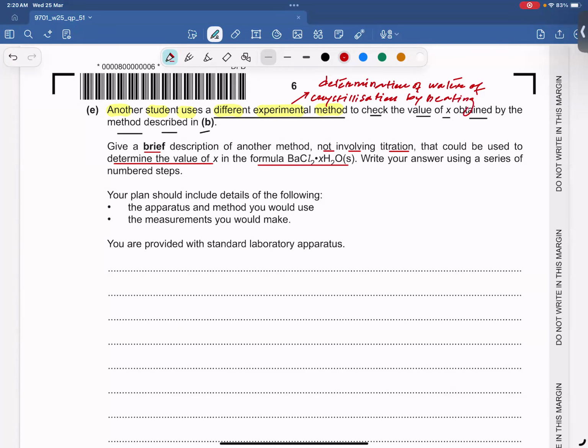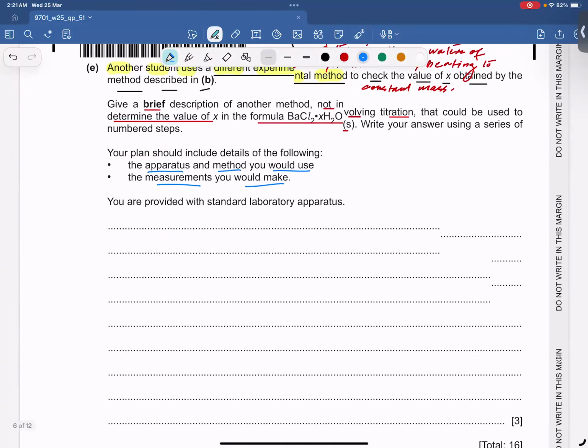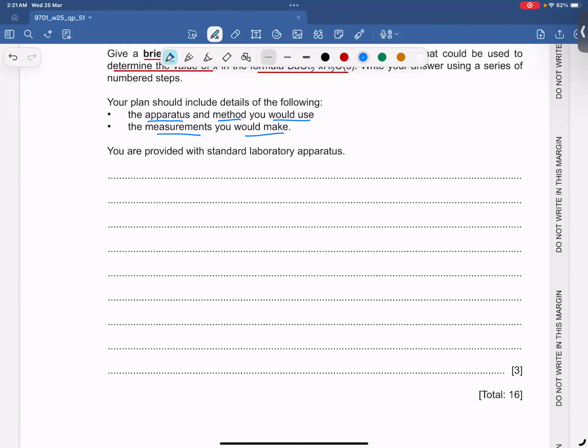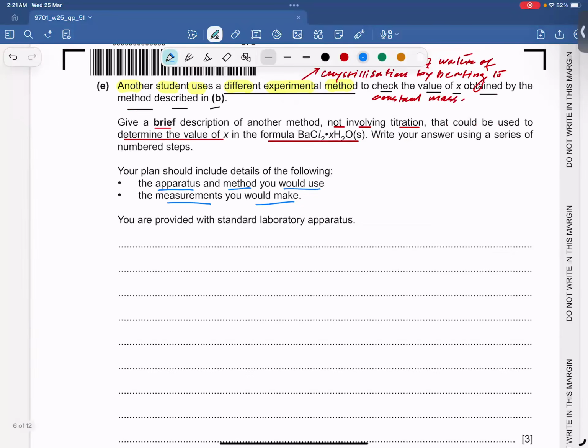And that's what you have done in O-level ATP, and in AS practical also. So in order to write a plan, I need to consider this experiment. And for that, I'm going to use appropriate apparatus and the method which we can use to measure the value of X. We have very limited space. An examiner needs a very brief description.